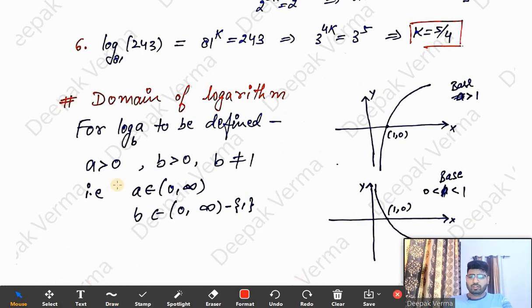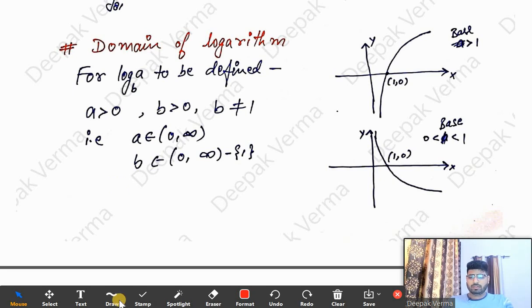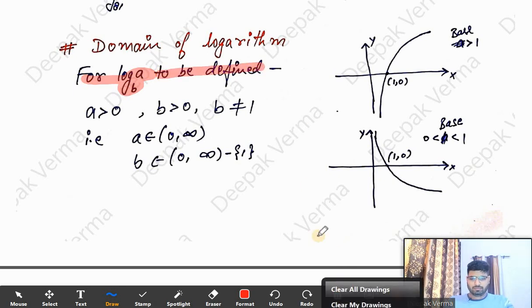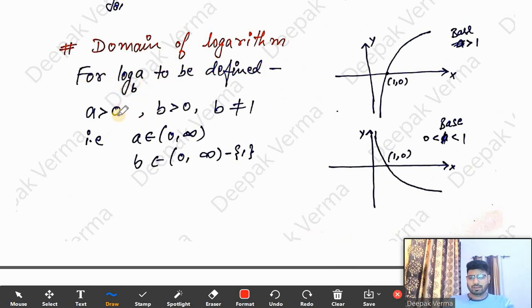Next we have domain of logarithm. For log a to the base b to be defined, we already told it in the definition. First, the argument should be positive, the base should be positive, and the base should not be equal to 1. These are the three conditions. That is, a positive means a belongs to 0 to infinity. 0 is not included. Got it?